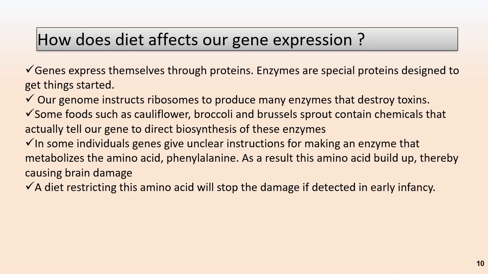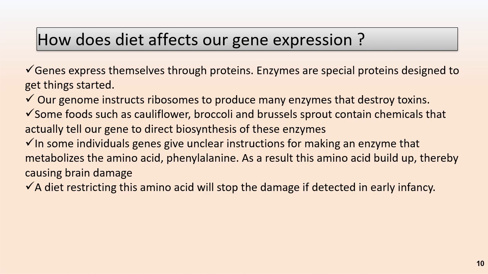How does diet affect the gene expression? Genes express themselves through protein, and enzymes are special proteins designed to get things started. Our genome instructs ribosomes to produce many enzymes that destroy toxins.